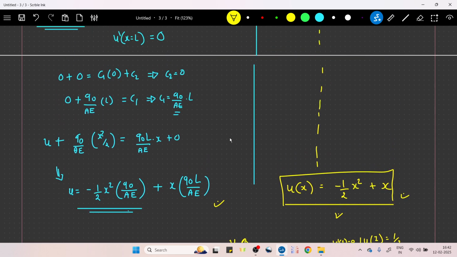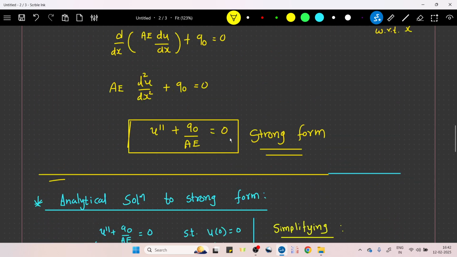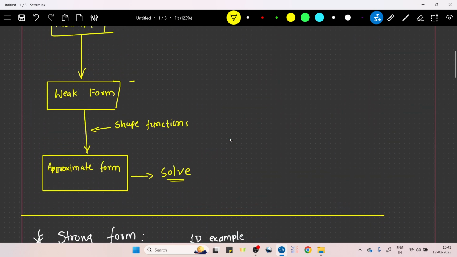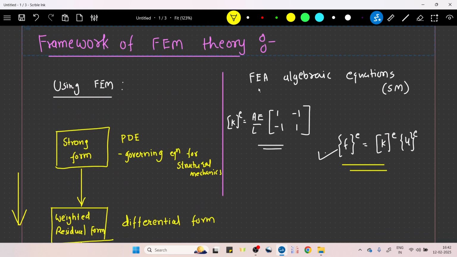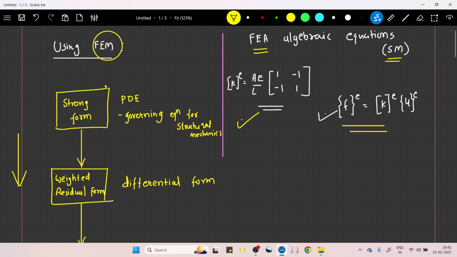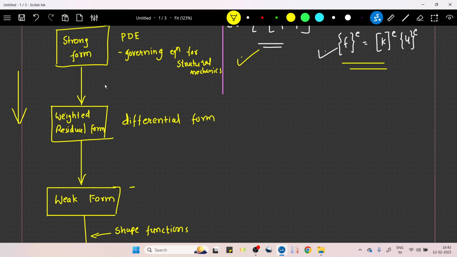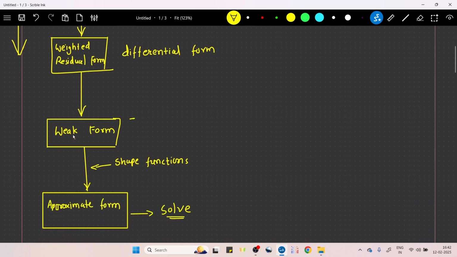With this, I'll just quickly summarize what we have done. Previously we got a few algebraic equations using solid mechanics, and we want to achieve these equations using the FEM method. We are in that process, and we have explained the steps for achieving that.